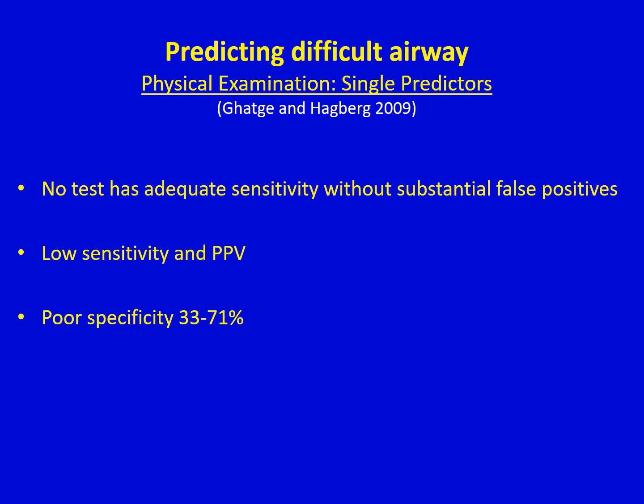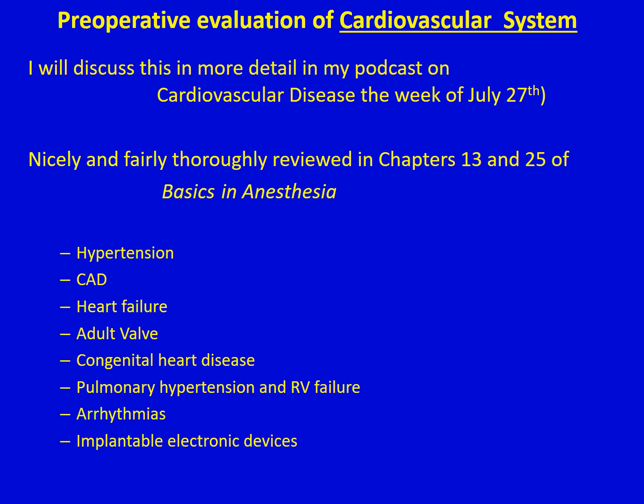Now, this review article found that no test has an adequate sensitivity and all have substantial false positives. They all have a low sensitivity and positive predictive value and poor specificity. The bottom line is use all of the tests and still be aware that it could be a difficult airway.